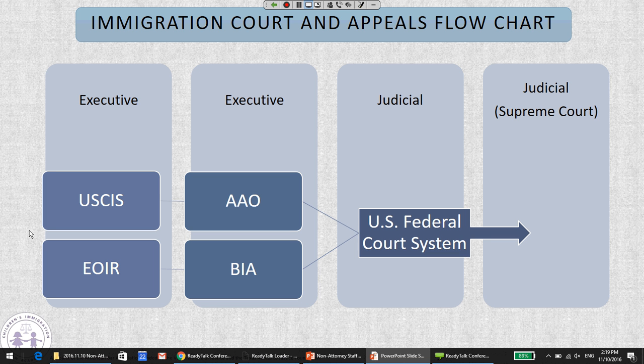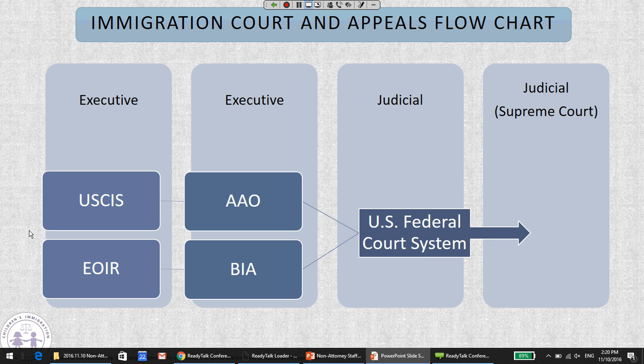So USCIS, if you want to appeal a decision, you can't appeal everything. You can't appeal just because you don't like the ruling sometimes, but if you've got a reason, you can appeal, and you would go to what's known as the Administrative Appeals Office from USCIS decisions. And if it's an EOIR decision, if it's an immigration judge decision, you would appeal to the Board of Immigration Appeals, which is the BIA. And both of those, again, are under the executive branch of government.